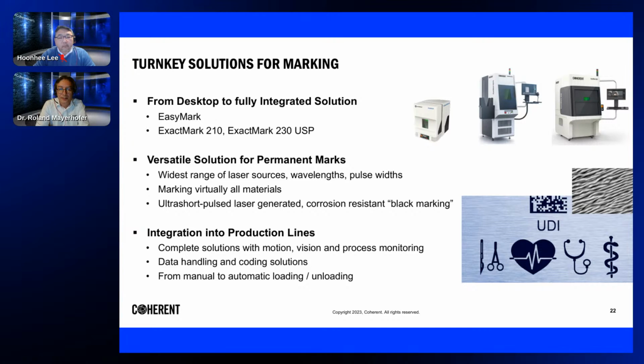Especially what I showed you is the ultra short pulsed laser marking, the corrosion resistant marking, so-called black marking, to create a nanoripple structure rather than just a thin oxidized layer that used to be created when we used nanosecond lasers. So this is a really nice possibility to have a real high contrast with a good corrosion resistance, even after several autoclaving procedures. It's still quite visible and still black.